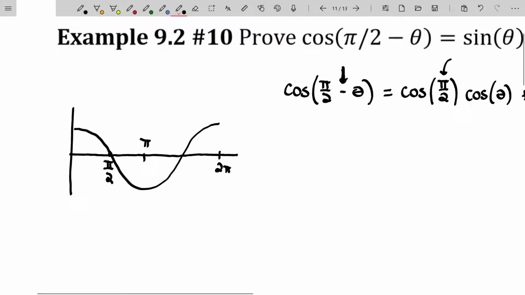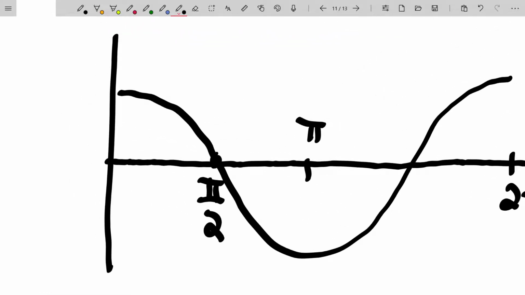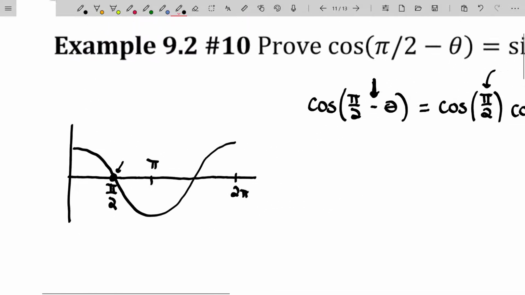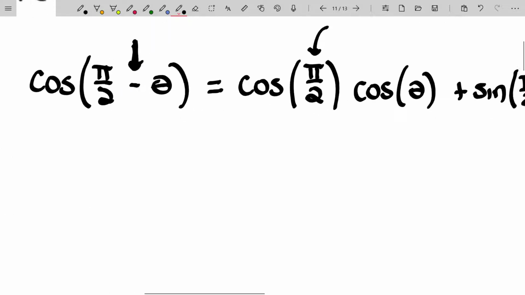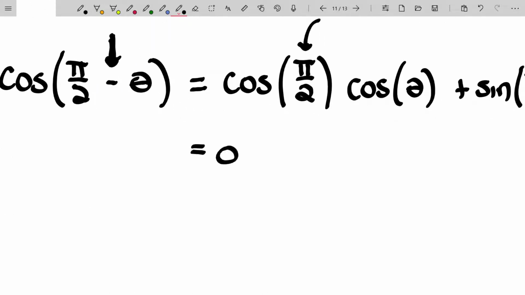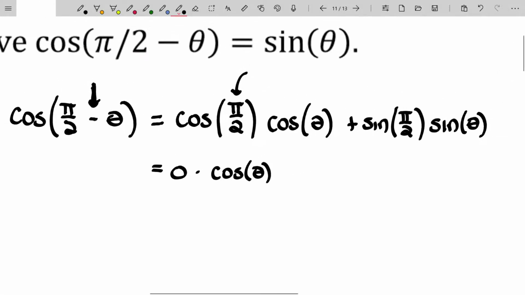Notice the value of the cosine at pi over 2 is 0. That's its height, its y value. So the cosine of pi over 2 is 0 times the cosine of theta, but that doesn't matter because 0 times anything is 0.